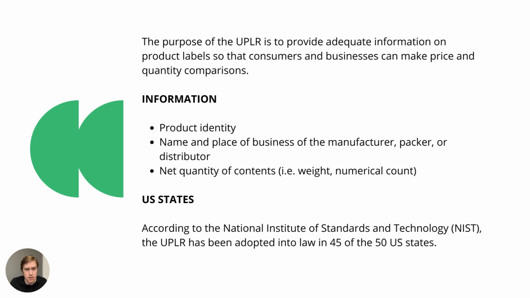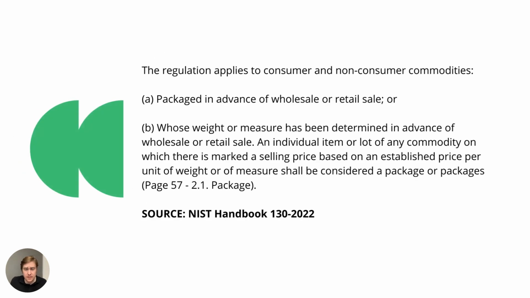It doesn't mean that they are changing the UPLR requirements in that sense, but this is freely available on the NIST website. And I think if you're selling anything in the US, you should definitely make sure that you are staying up to date with the UPLR by downloading the latest version of the NIST handbook. And just for the record, this video is based on the 2022 edition, as you can see here, so some references can be perhaps a bit outdated.